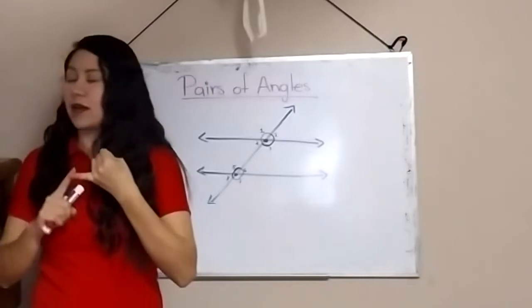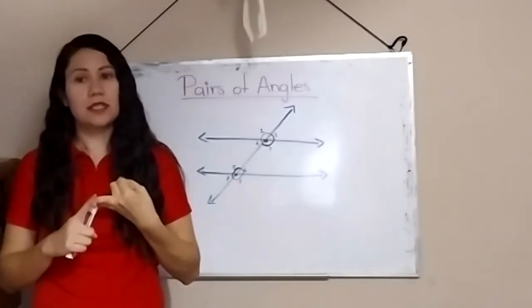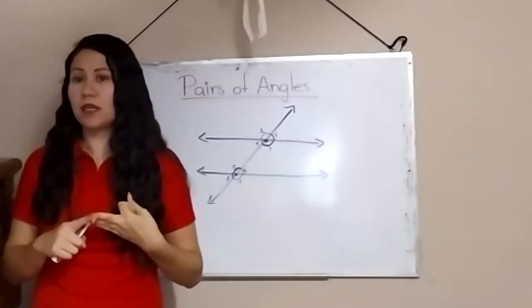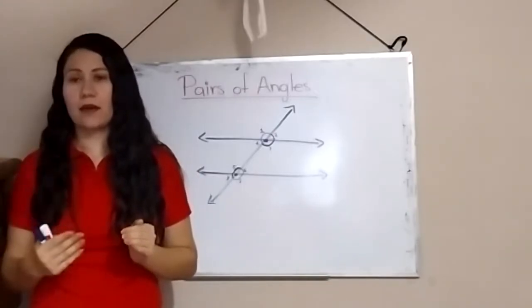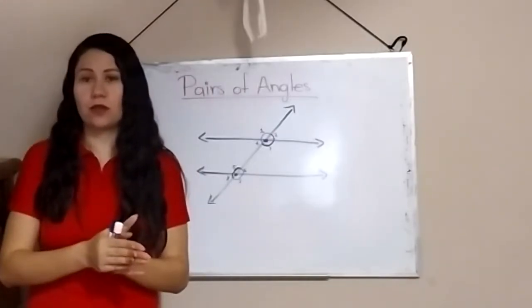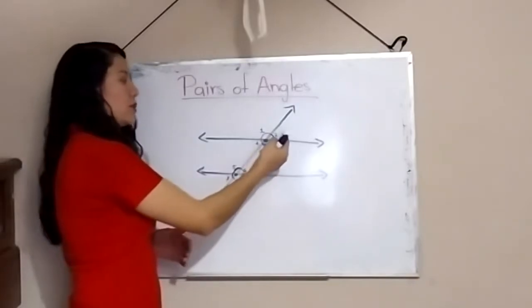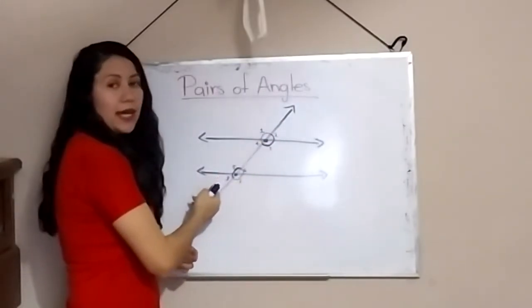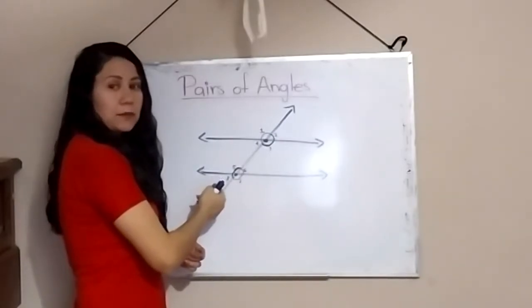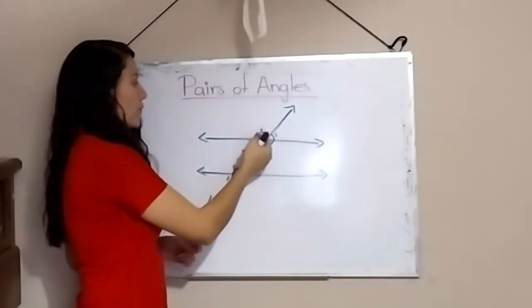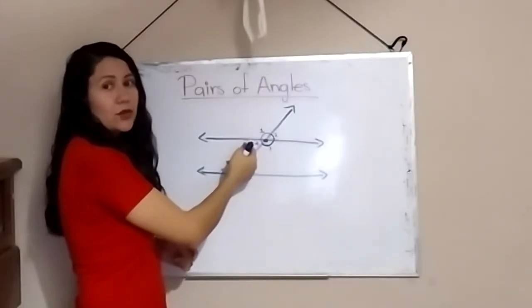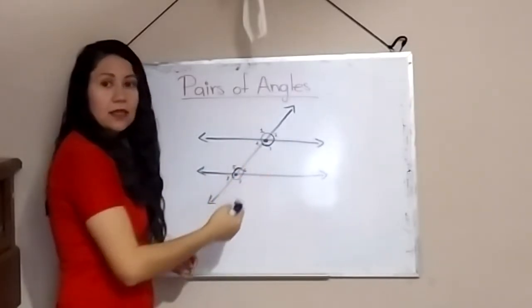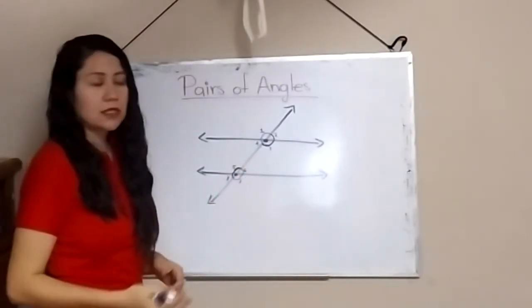Now, alternate interior, alternate exterior, and corresponding angles all have the same measure with each other. If number 2 is alternate exterior with number 8, they will measure the same. If number 4 is alternate interior with number 6, they will have the same measurement.